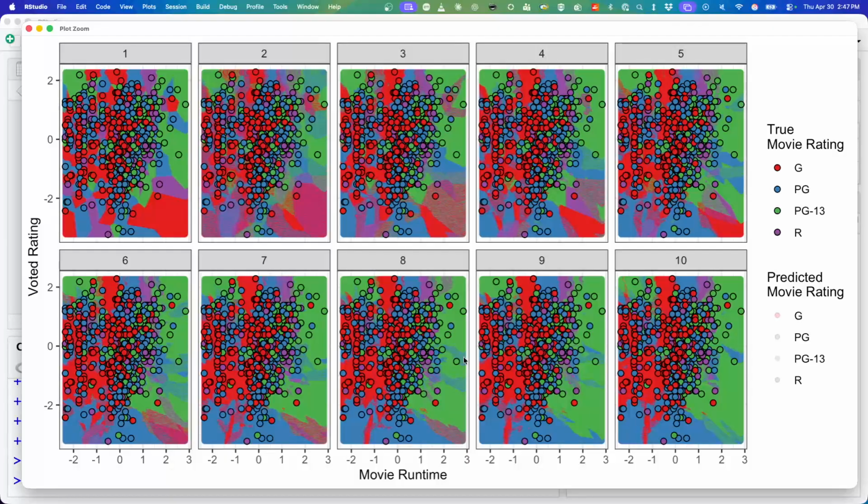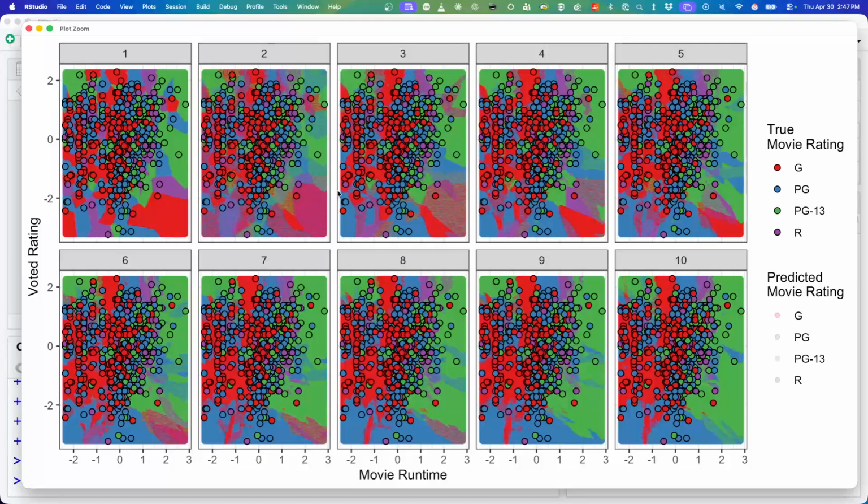But you can see, for example, at k equals 1, you kind of have the most territories, right? Because literally every single point is going to have some boundary area around it that's defined as the space of that point.